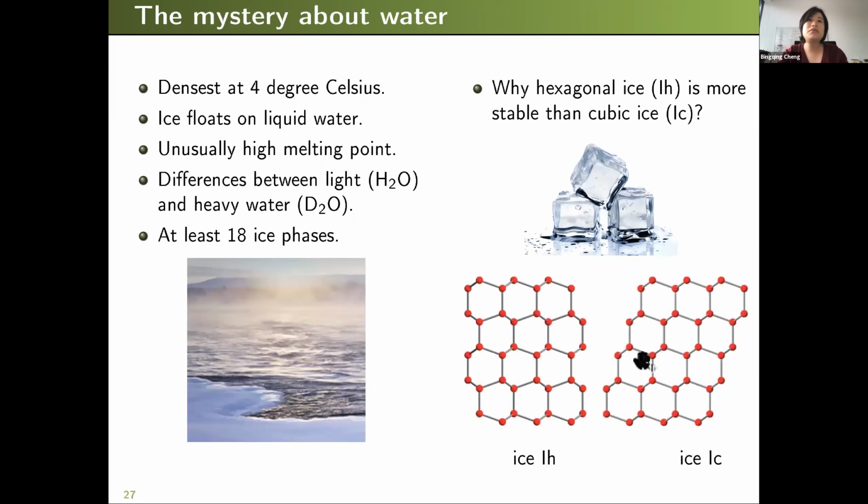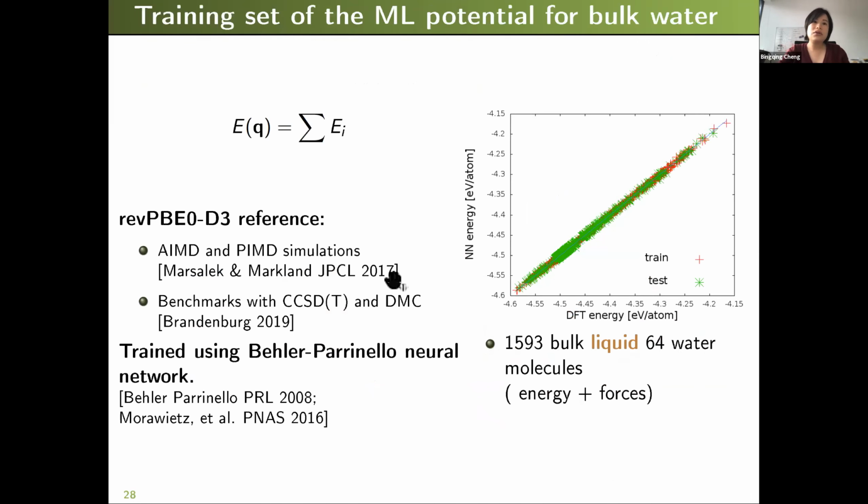As another example, this is an example on water, which we all know is very ubiquitous, but it also involves many unresolved mysteries. So back then, what we did is we fit a machine learning potential for water.